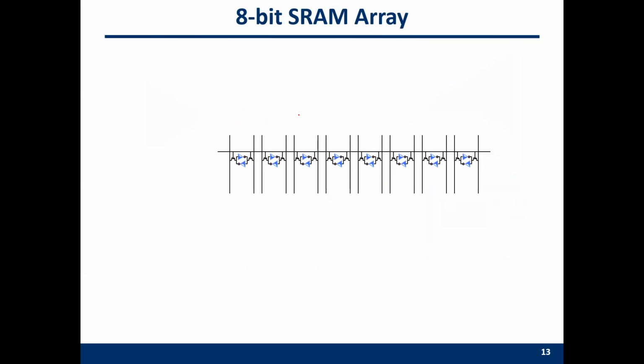We can organize the SRAM in this way. We can connect all the controls to one horizontal line. If I send a 1 to this horizontal line, then all the cells will be connected to the vertical lines, which means we can sense the data from the cells through these vertical lines. But all the control is managed by this horizontal line. We call the cells managed by the same horizontal line a row.